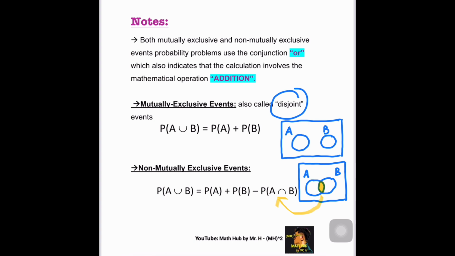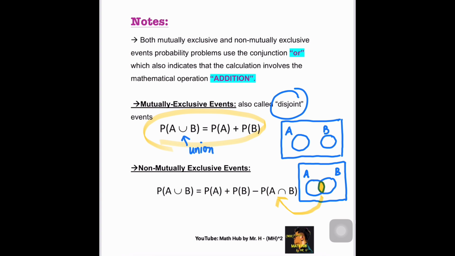All right. Now, I want to talk to you about how the probability is calculated. So, for mutually exclusive events, we use this formula: probability of A or B equals probability of A plus probability of B. This symbol right here is union.